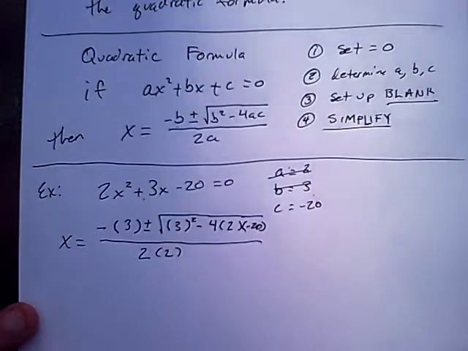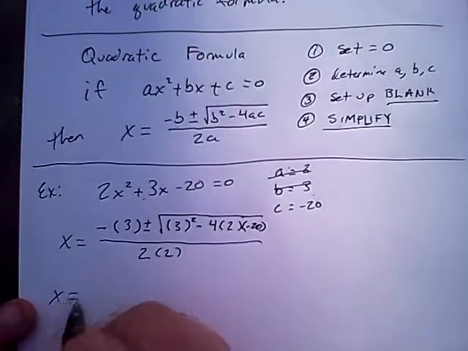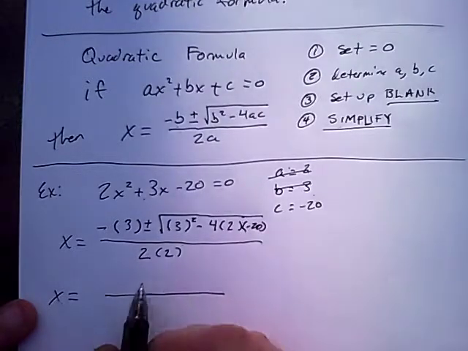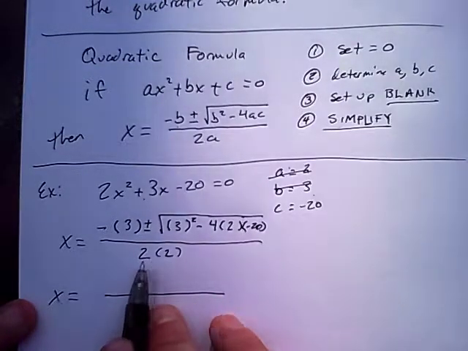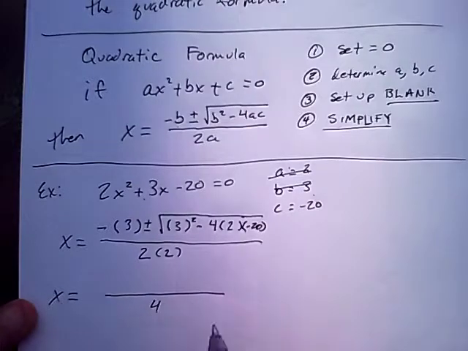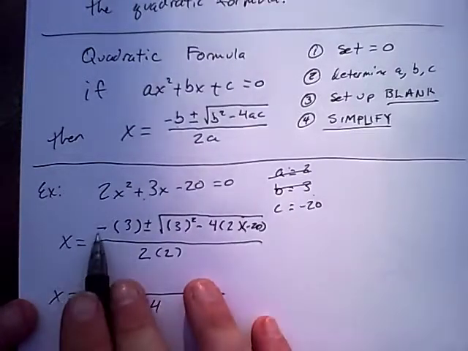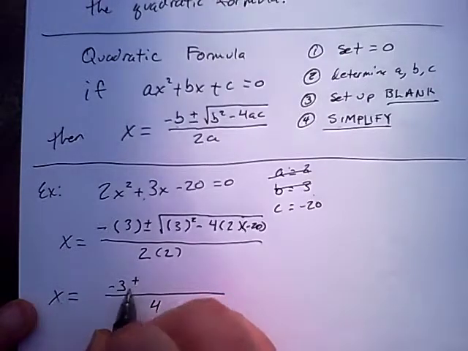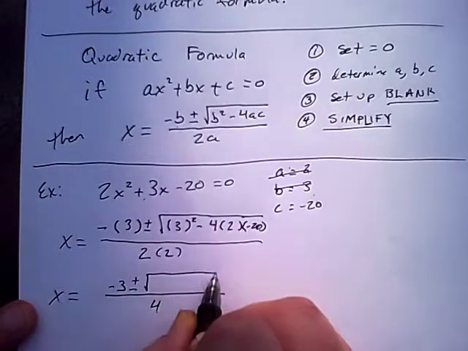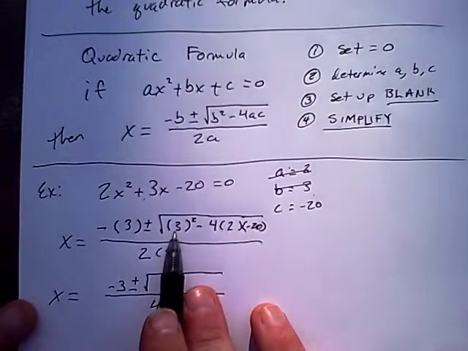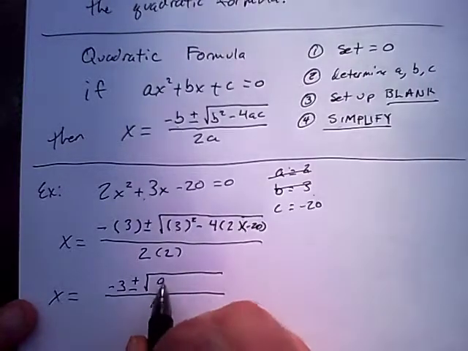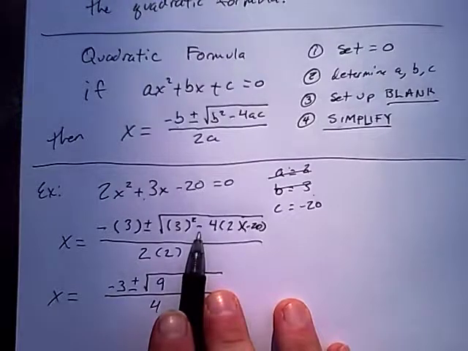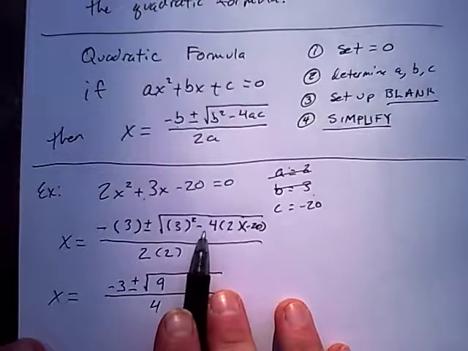Okay? Now I'm going to do one step of simplification, and I don't want to do a whole lot. Here's my division, and I like to start off on the bottom because it's really easy. 2 times 2 is 4. Then I can look here: the opposite of positive 3 is going to be negative 3, plus or minus. Now we get our square root house together. 3 squared is 9. And here's where I'm a little bit different than some people.